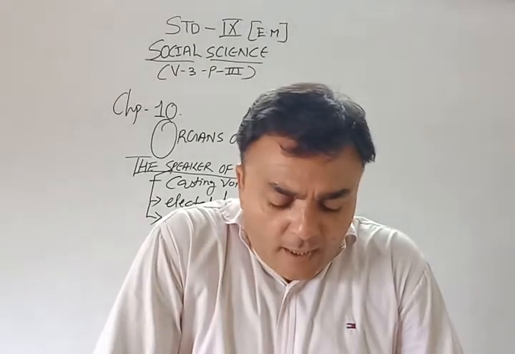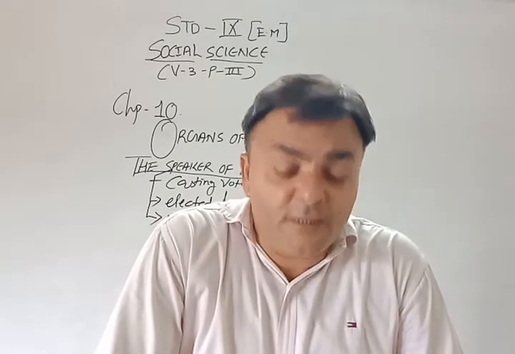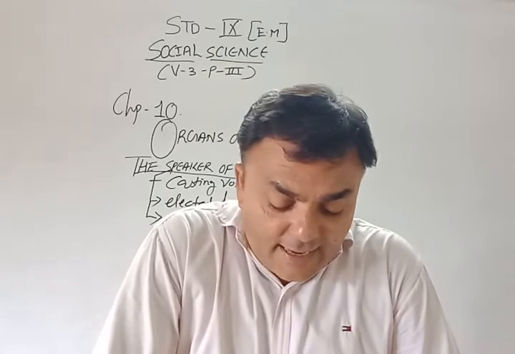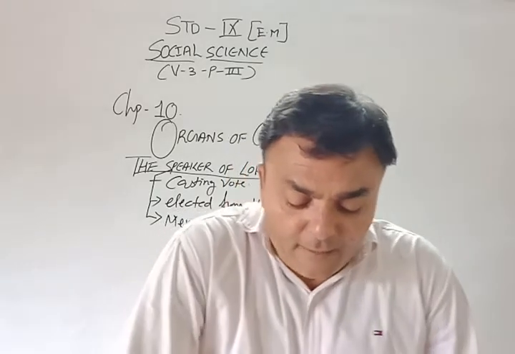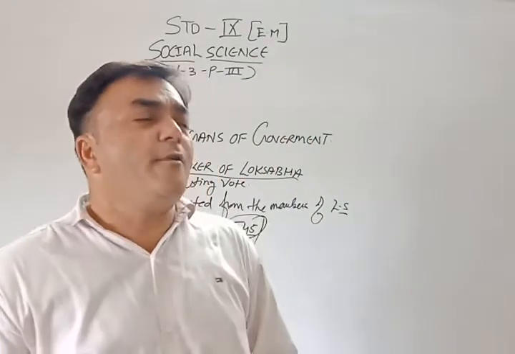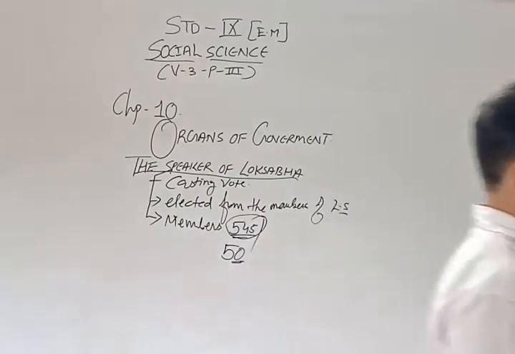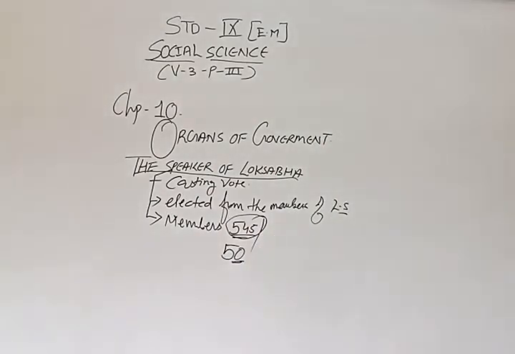If any member of the Lok Sabha remains absent for a continuous period of 60 days without informing the speaker, then his seat is declared vacant. So from 545 members, there must be attendance, as you all have in your class.